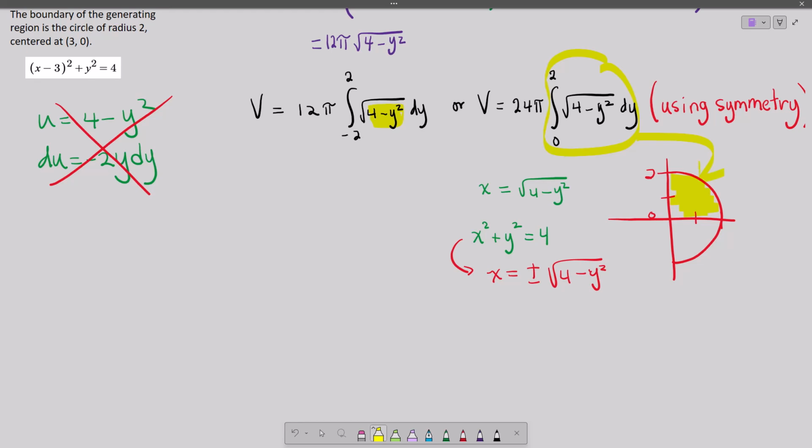Oh, well, we know how to find the area of a quarter circle. This area right in here is going to be pi times r squared divided by 4. Pi r squared is the area of the full circle. So that integral's value is pi, because that integral is representing the area of the top half of the right half of the circle. And so that's how we can do it geometrically.